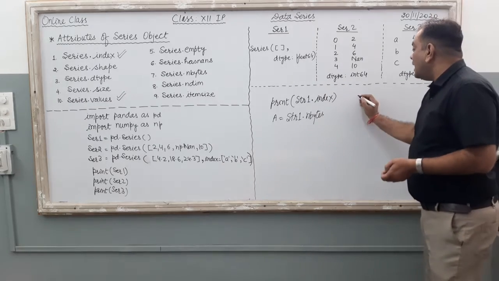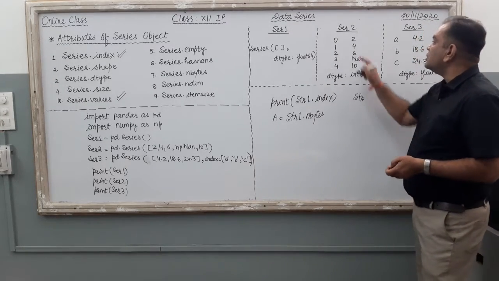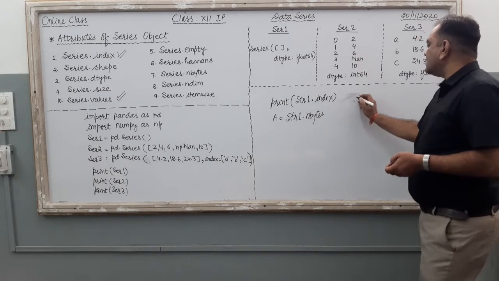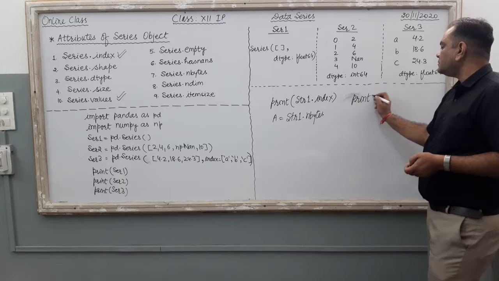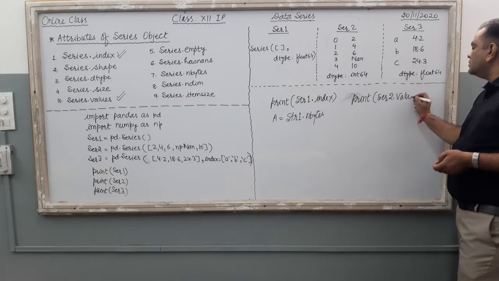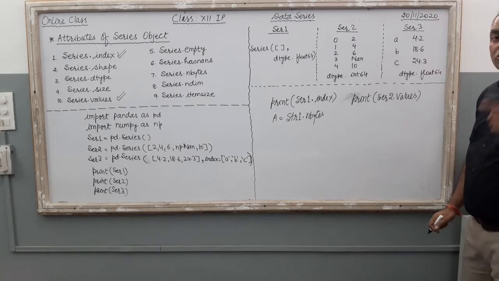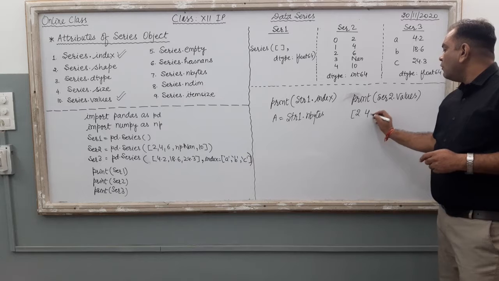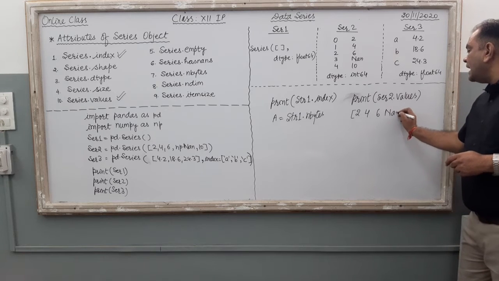Now if I write str, what is my series object? It is ser2, right? So I write print ser2 dot values. Values is a plural term. So what will the computer print? Just check it out. The output should be 2, 4, 6, NaN, NaN.